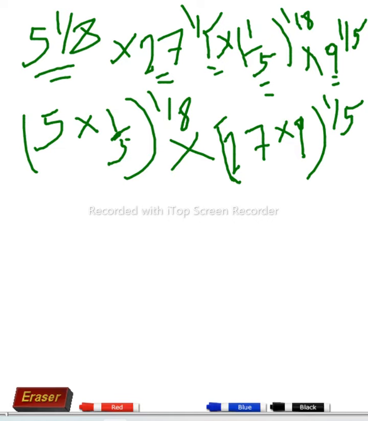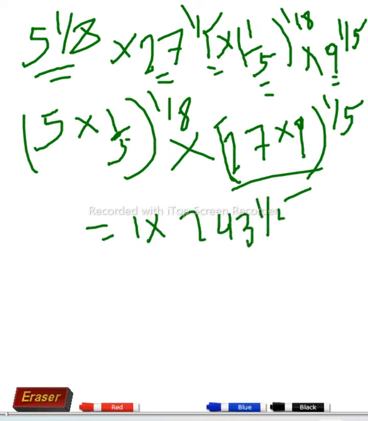So 1 to the power of 1 over 8 is the same as 1, and 1 times any number is that number. When we multiply 27 by 9, we get 243, so we have 1 times 243 to the power of 1 over 5.